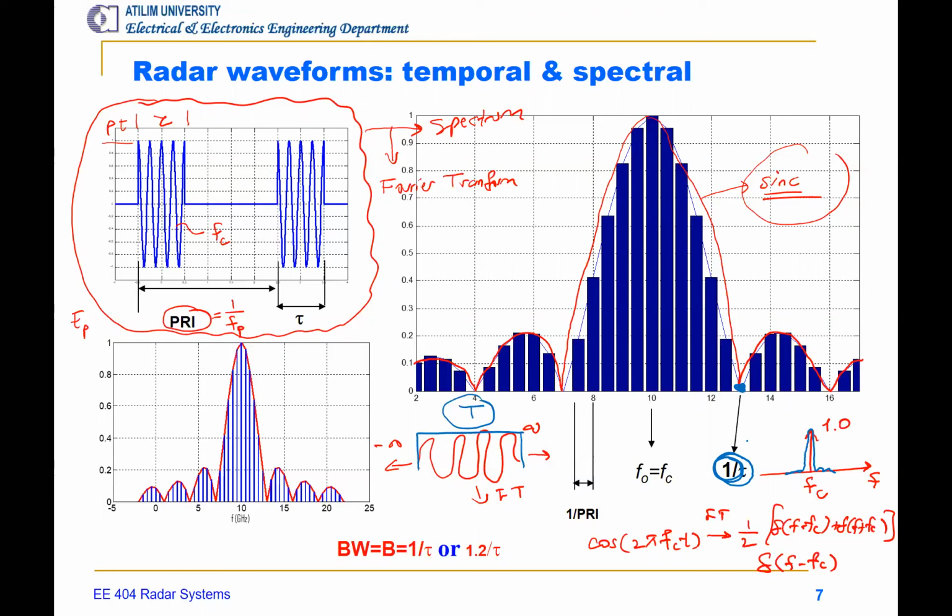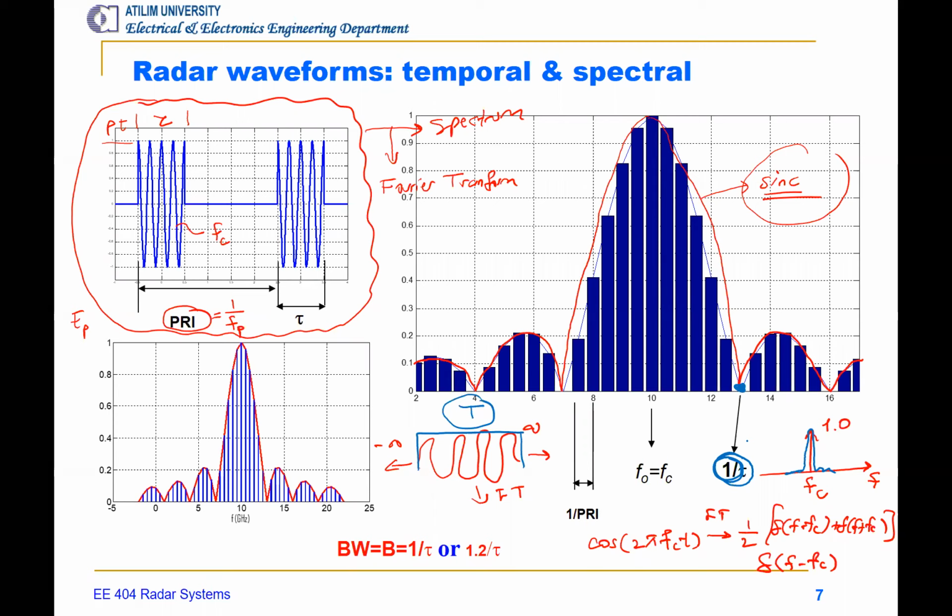Smaller. When it is infinite, it's going to be a single Dirac delta. So when you try to measure spectrum of a cosine in the laboratory, then you expect a Dirac delta theoretically, but it cannot be a Dirac delta. So typically it looks like a sinc function, but a very narrow sinc function.